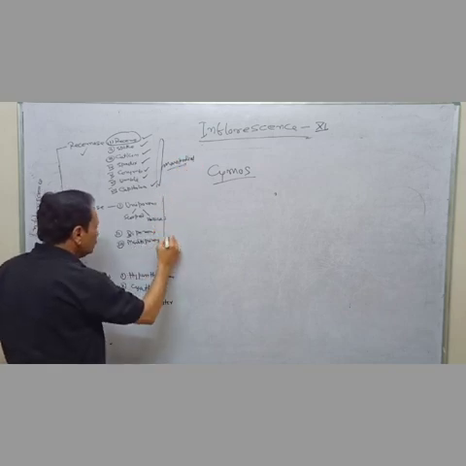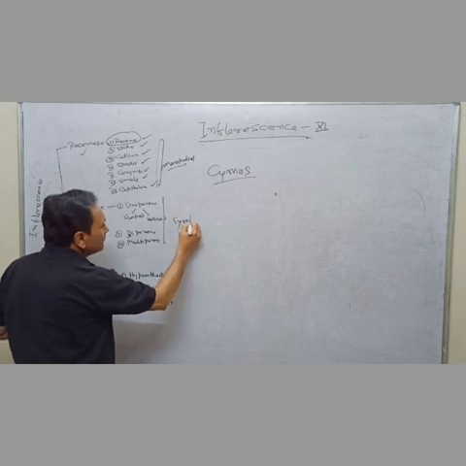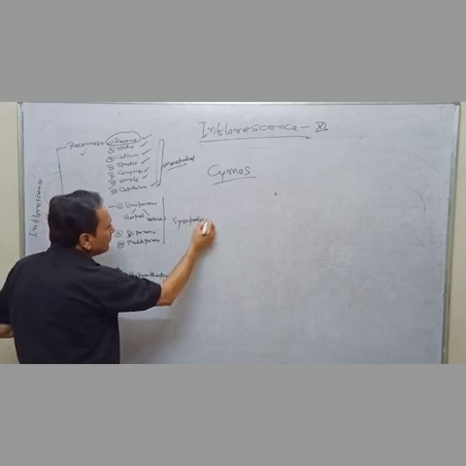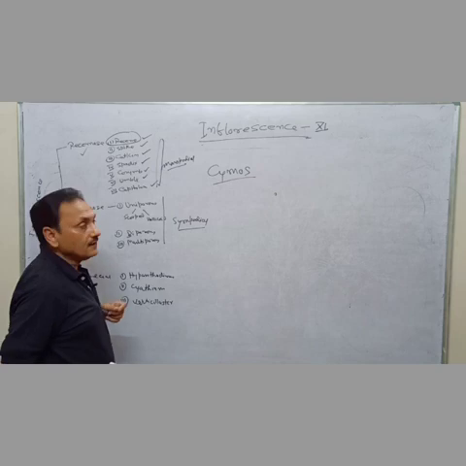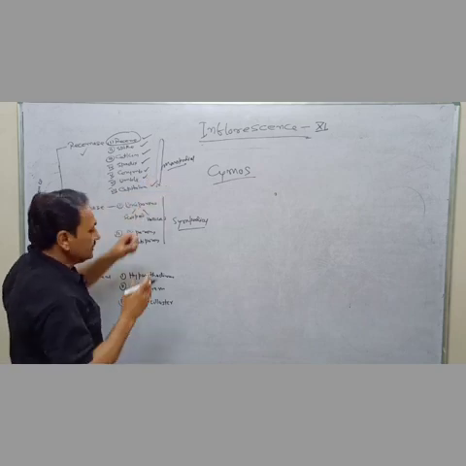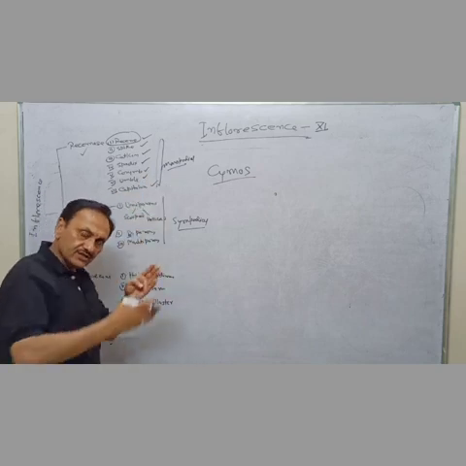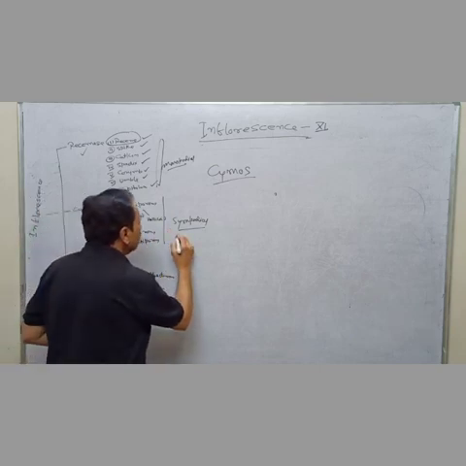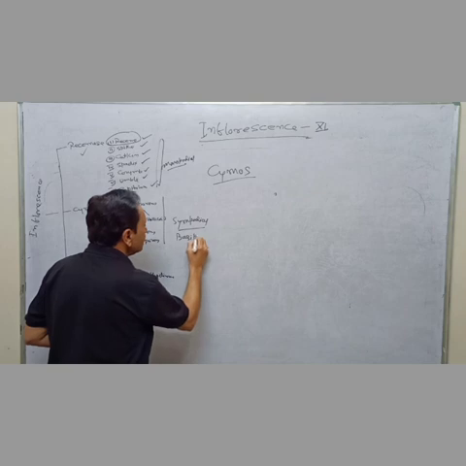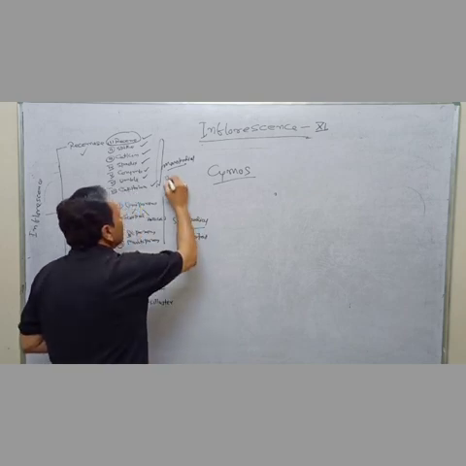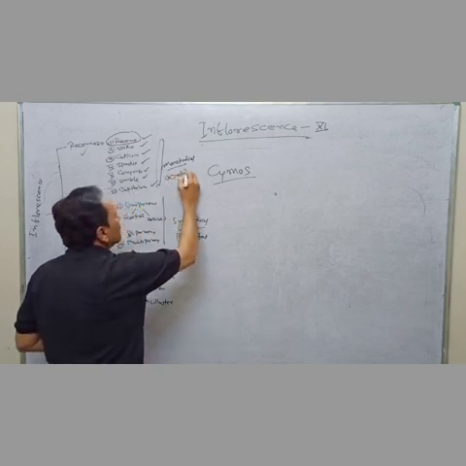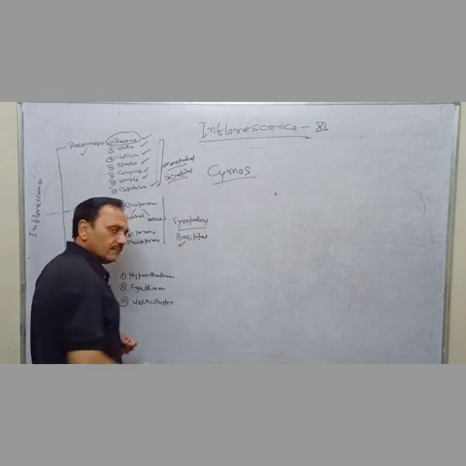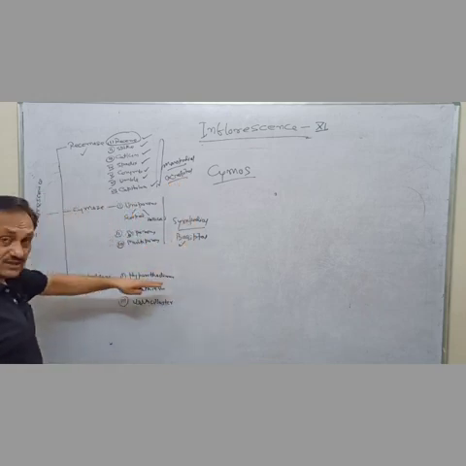In case of the cymose, all are sympodial. Here we have observed that the flowers are arranged in acropetal manner, but in cymose they are in basipetal manner.